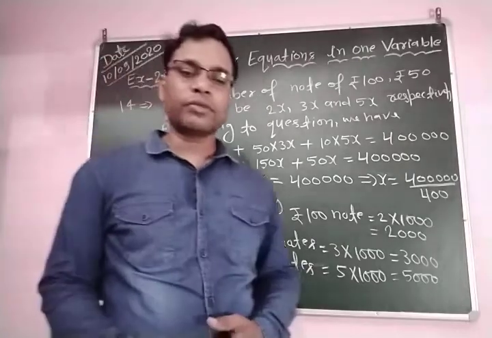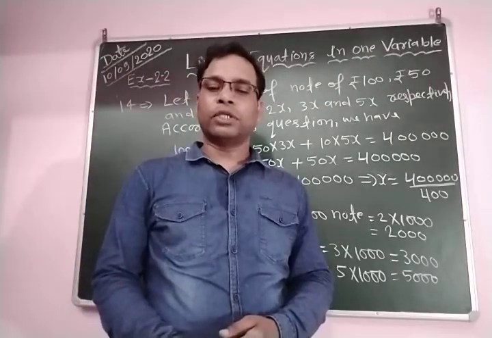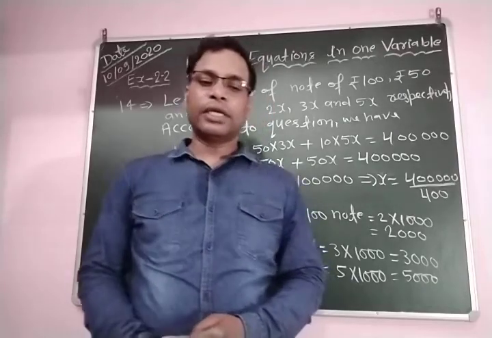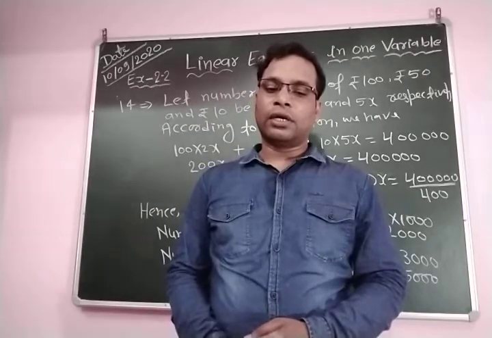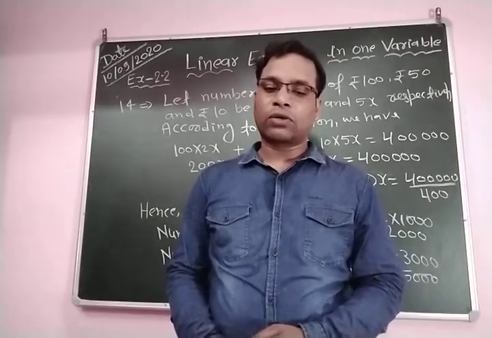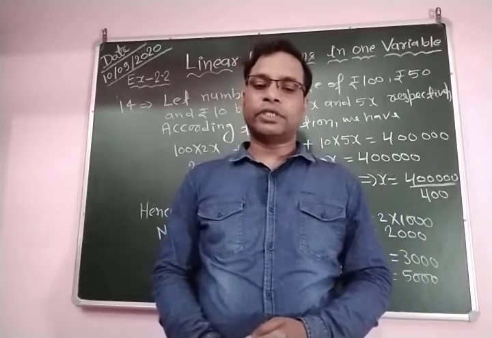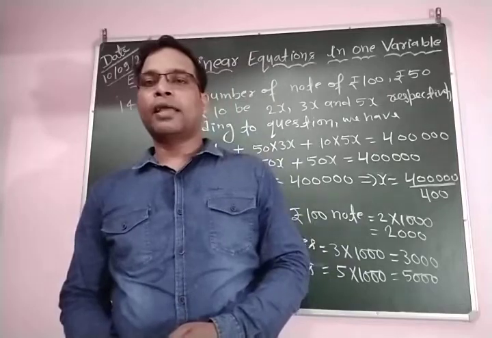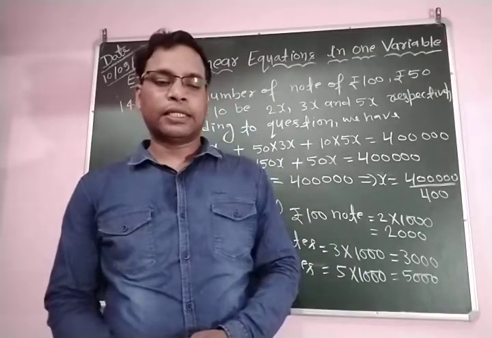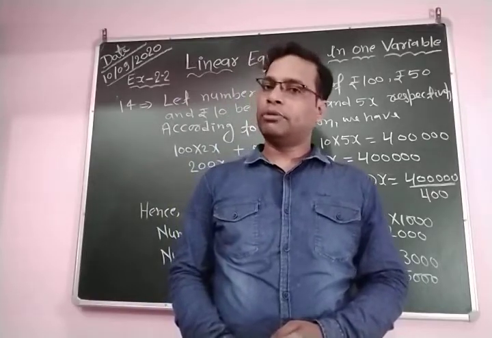Now we are going to discuss the next question, question number 15. In this question it is given that I have a total of rupees 300 in coins of denominations 1 rupee, 2 rupees and 5 rupees, and the number of 2 rupees coins is 3 times the number of 5 rupees coins.